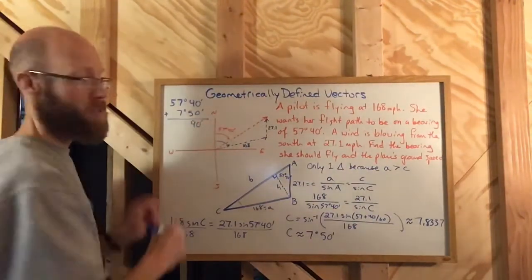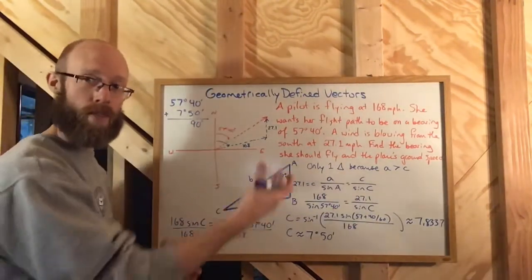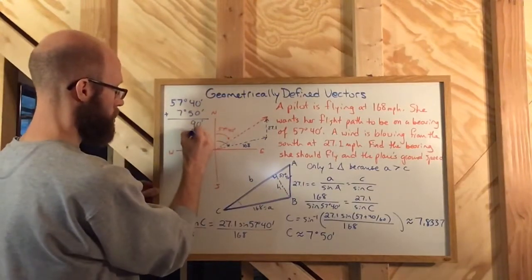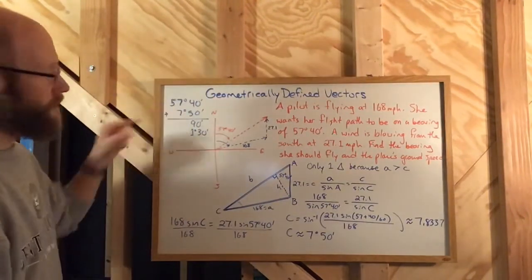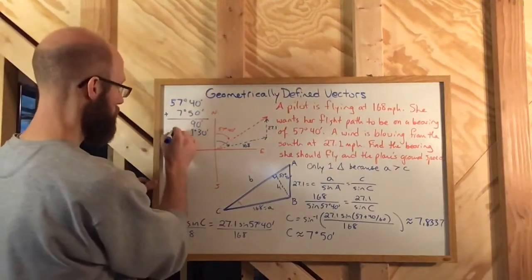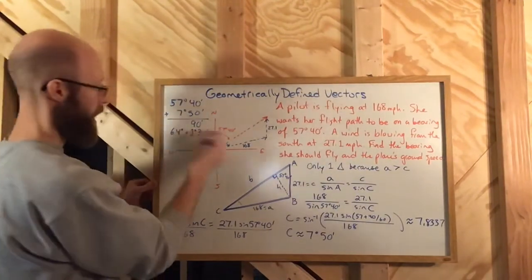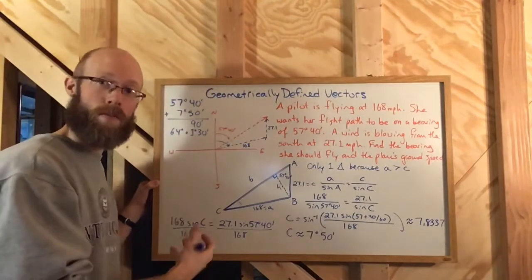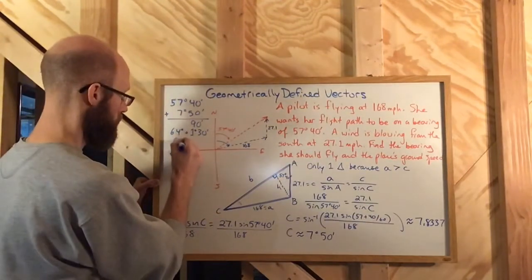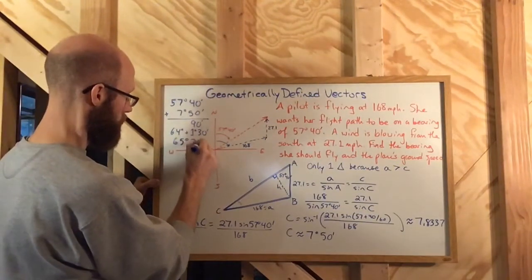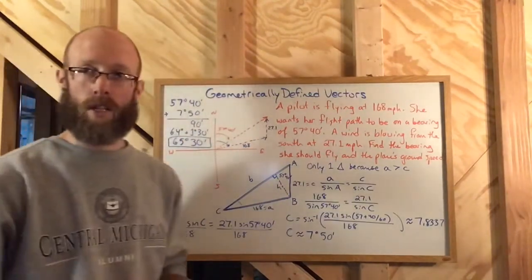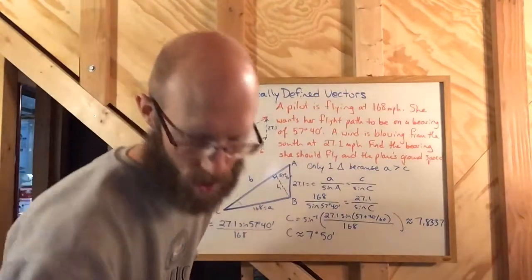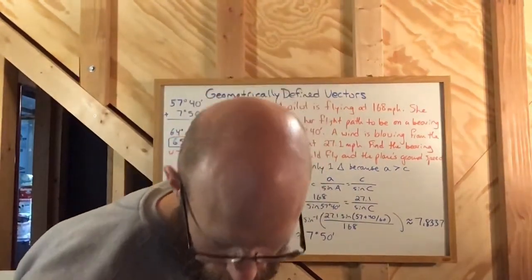Well, 90 minutes is the same as 1 degree 30 minutes if you take 60 off of that. So that's 1 degree 30 minutes. 57 and 7 make 64. And if I add 1 degree 30 minutes, that's really 65 degrees 30 minutes. That is the final bearing that she needs to be on in order to get to her destination.